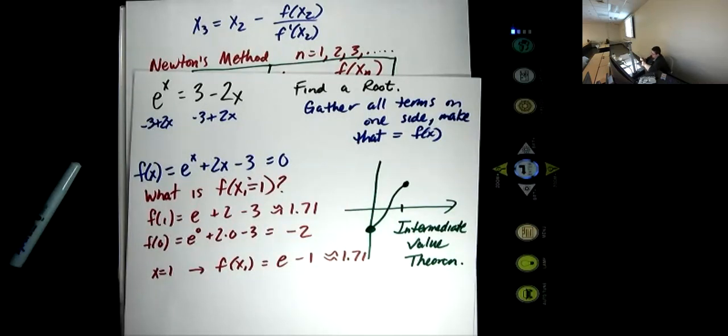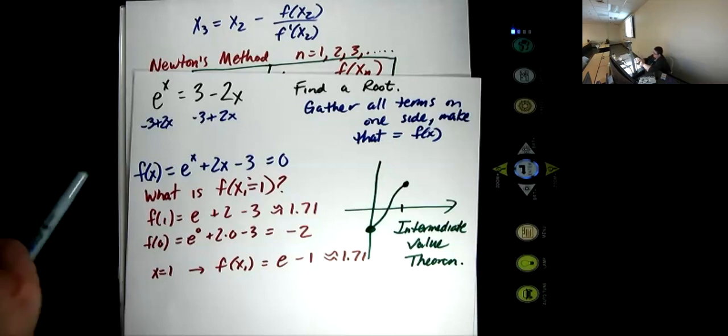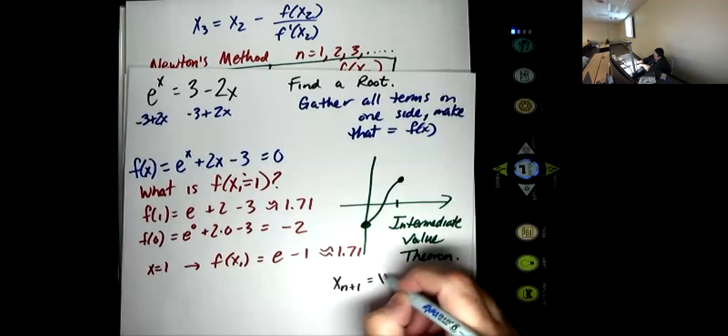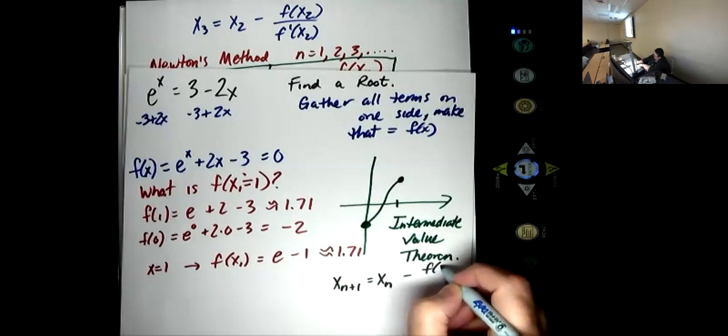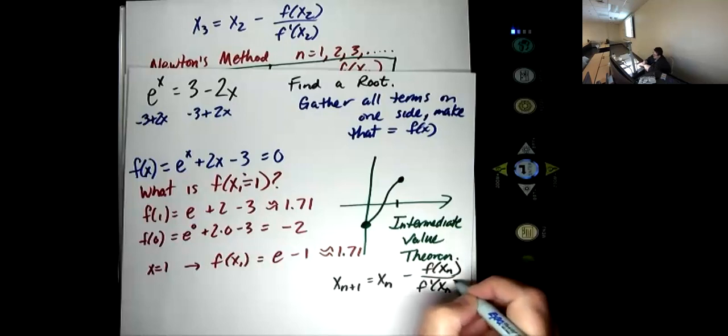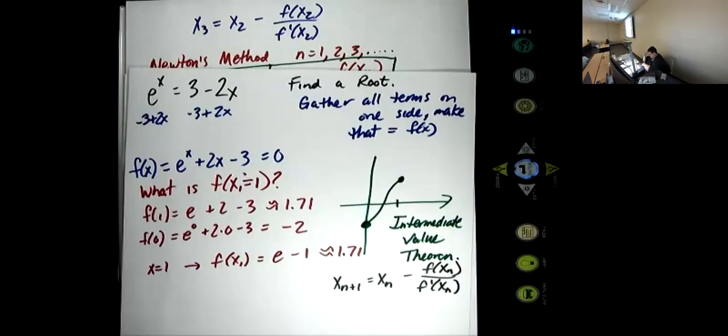So our next step, remember we've got x sub n plus 1 equals x sub n minus f of x sub n over f prime of x sub n. So it looks like we need f prime also, don't we? To proceed with Newton's method, we need f prime.